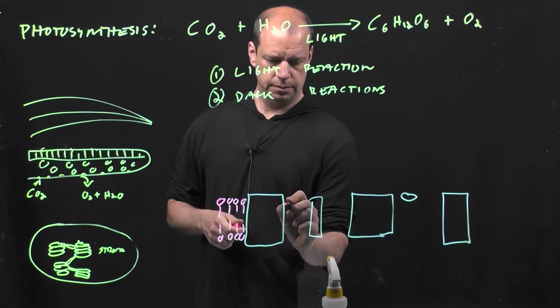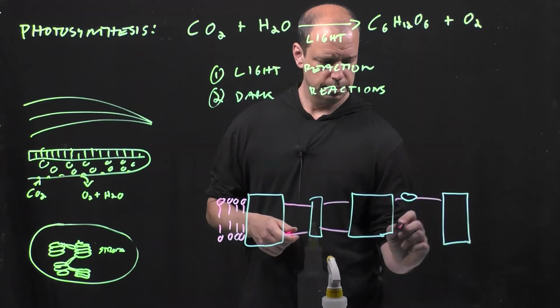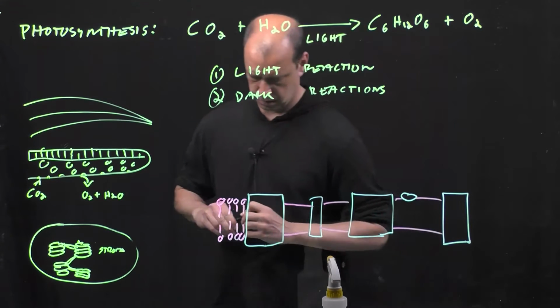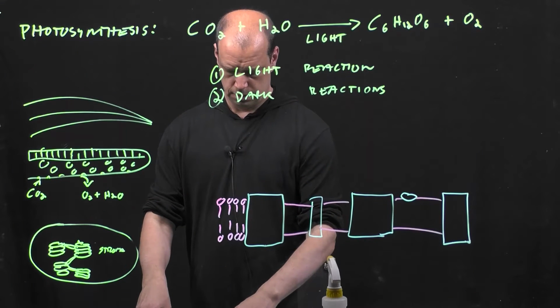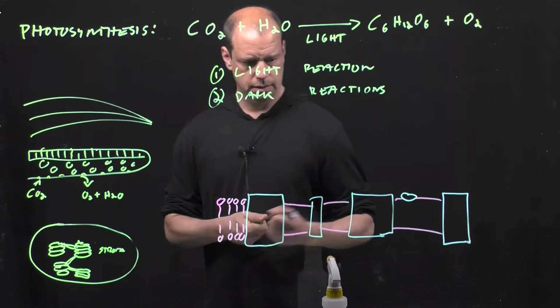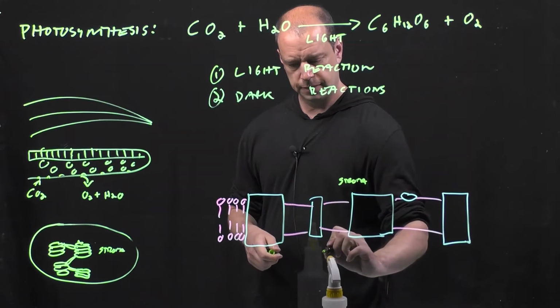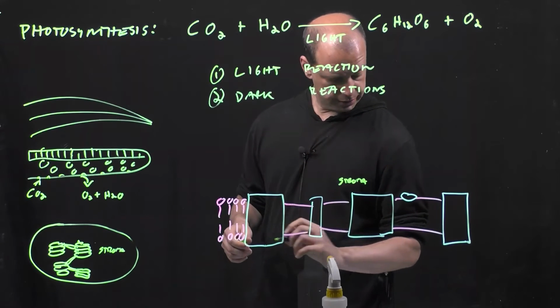So in between, you have more bilayer. This side is the stroma, and this is the thylakoid interior.